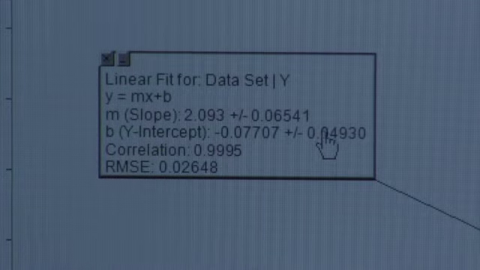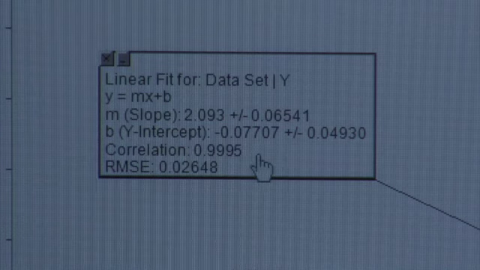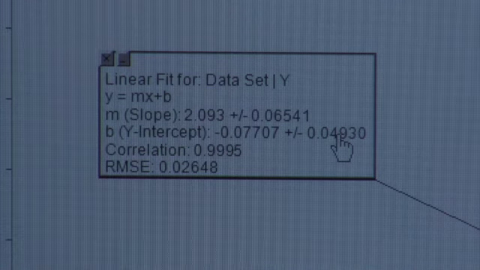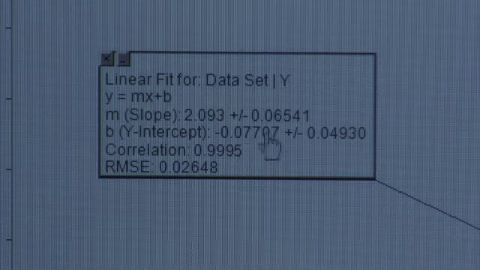So the intercept, even including the error distance, is 0.08 roughly, and the error is plus or minus 0.05. So the intercept doesn't exactly hit 0 within its bounds. But again, this is data, and it comes very close.